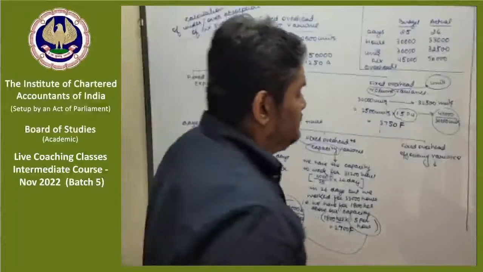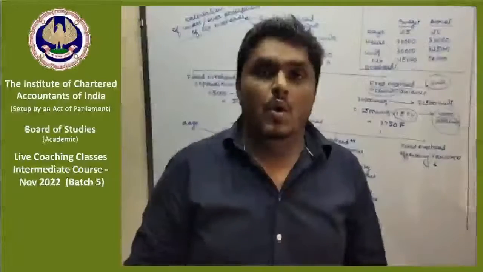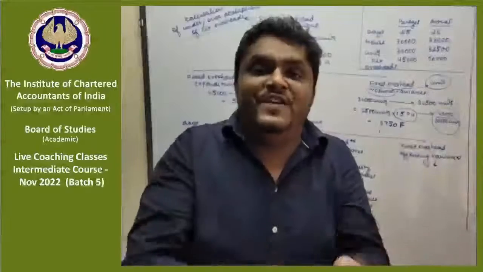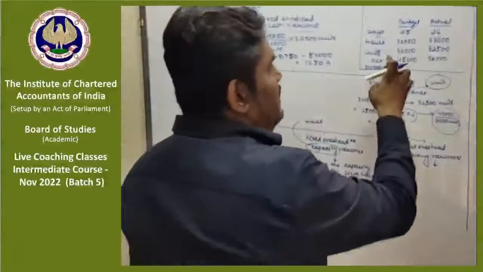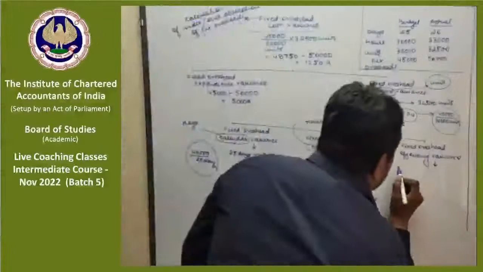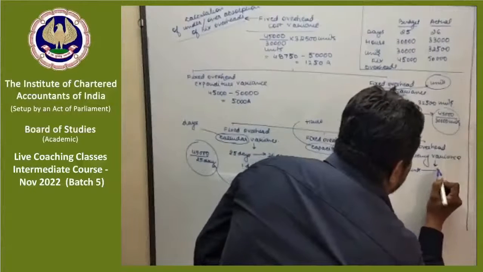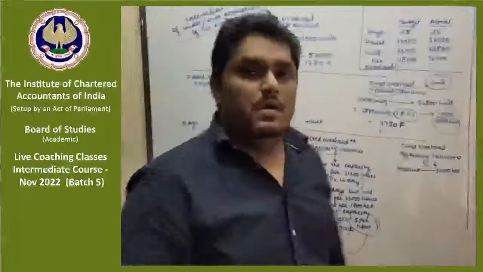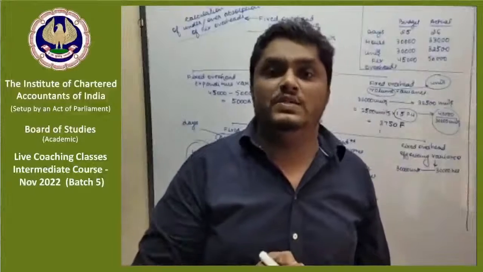Now, very important, guys, whether we worked efficiently or not, we have to figure out. So very simple, 30,000 units, 30,000 hours. 30,000 units we were supposed to manufacture in 30,000 hours.